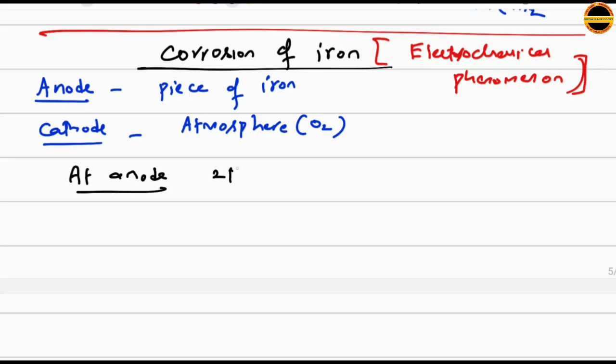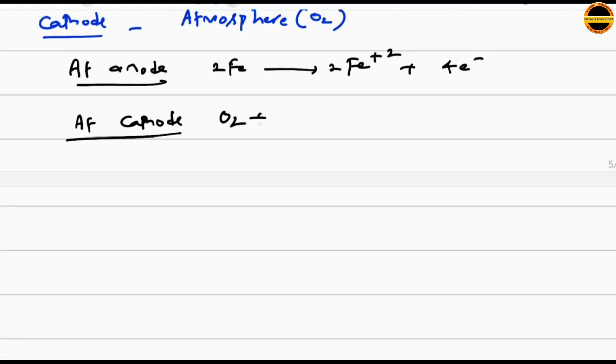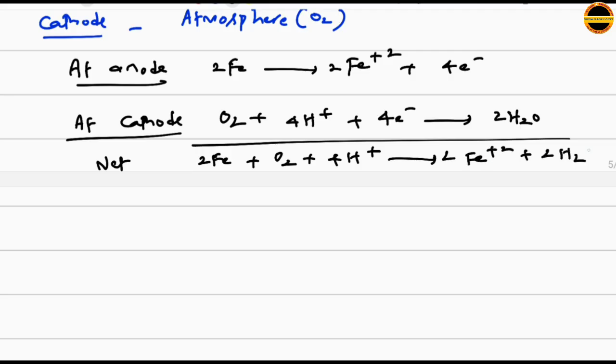At the anode, iron loses electrons, meaning it undergoes oxidation, forming Fe2+. At the cathode, oxygen reacts with H+ and 4 electrons and forms H2O. So the net reaction is 2Fe plus O2 plus 4H+ giving 2Fe2+ plus 2H2O.